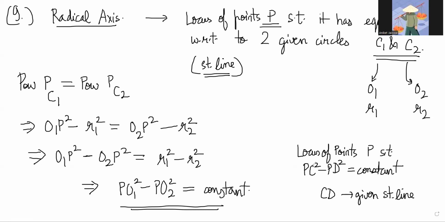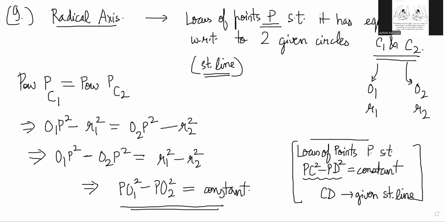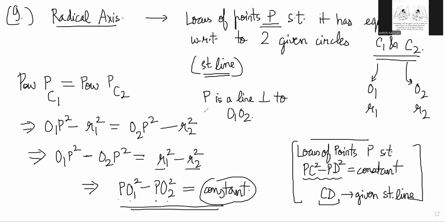We talked about this, that the locus of points P which satisfies this condition is a line perpendicular to CD. So you can see here that the radii are always fixed. The right side is constant, and we have PO1 square minus PO2 square, right? Then P lies on a line perpendicular to O1O2.